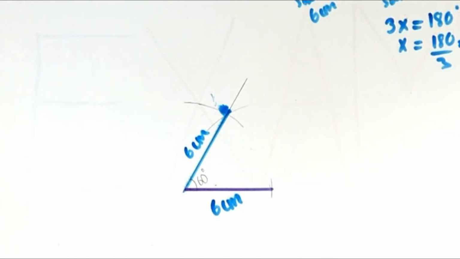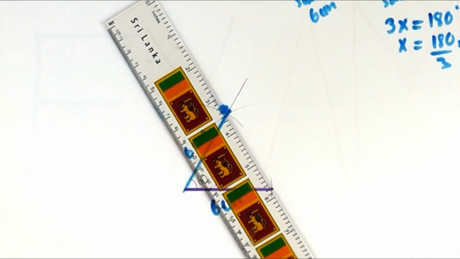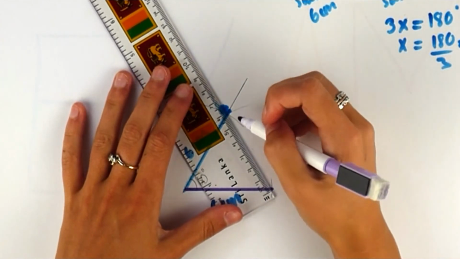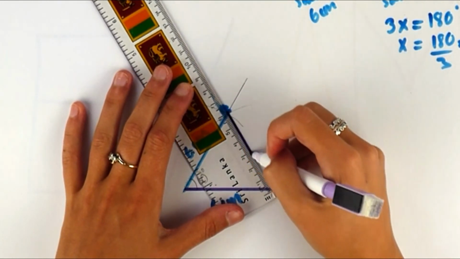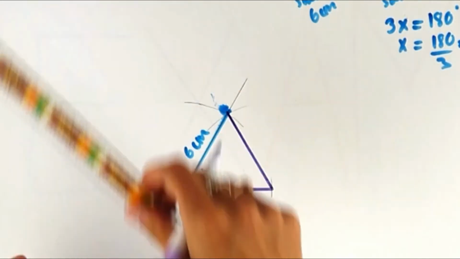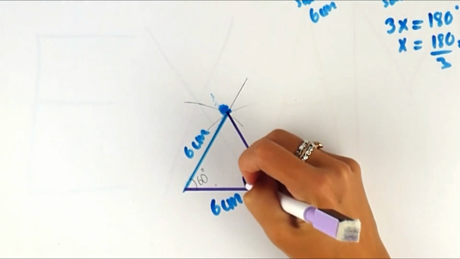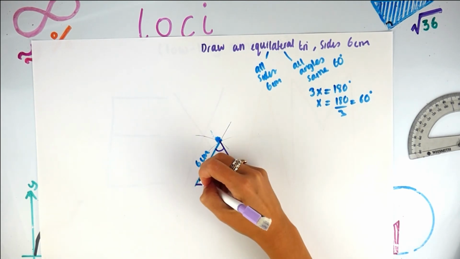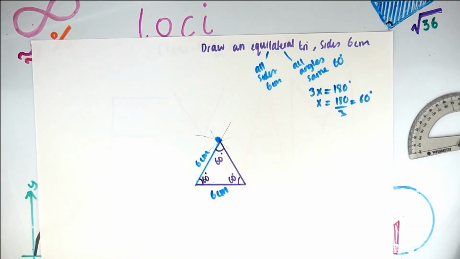And now we don't actually have to do the other side. You can just join those 2 up, and I might just want to check that it is 6 centimetres. Yep, it is. And all those angles here then are 60 degrees. So that is constructing a triangle and using the how to construct a 60-degree angle knowledge.